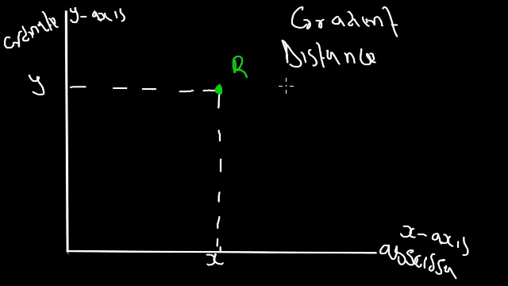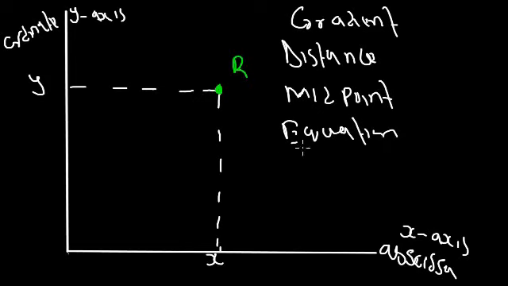The third is known as midpoint of the line joining 2 points. The fourth one is known as equation of a straight line. The fifth one is known as parallel lines. For the sixth, we have perpendicular lines.